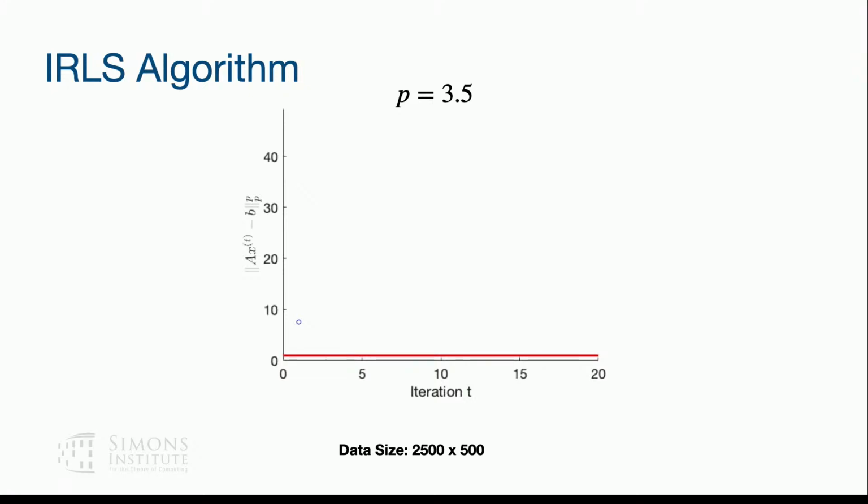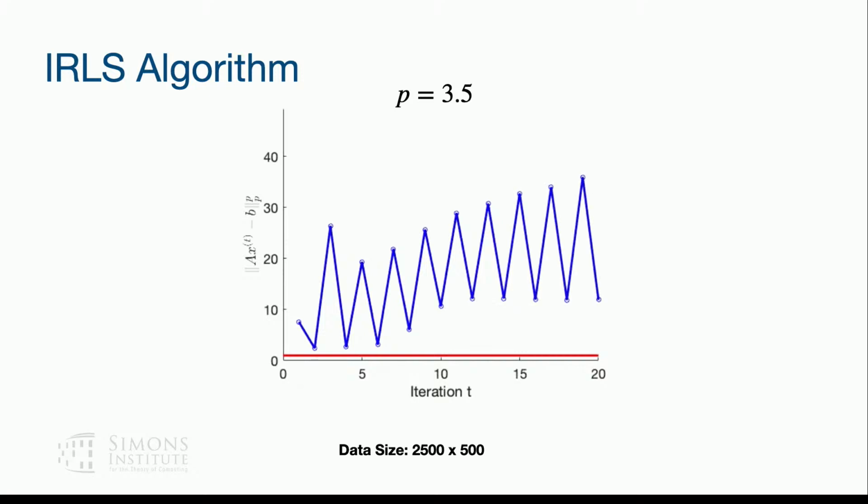But for a value that's not even large, something really small like 3.5, you can find very easy random instances for which this diverges within 10 iterations and does not converge. So for a long time, we didn't really know how to find such a weighted least squares algorithm that converges reliably and to any solution.